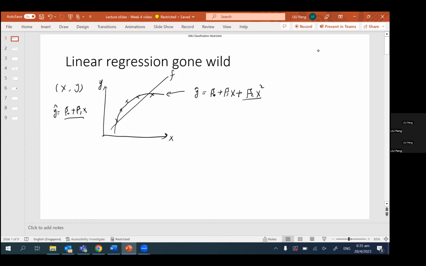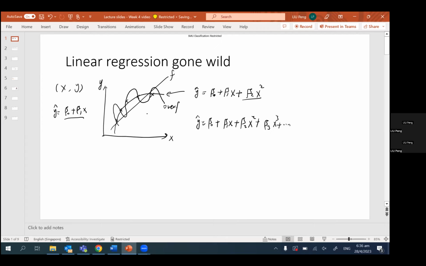Say we have another scenario where we want to continue to push the boundary by adding more polynomial terms. For example, beta 0, beta 1, beta 2, and continue with beta 3 times x cubed, etc. Once we add this, the curve will be more wiggly. It can be like this, and this is an obvious example of overfitting.